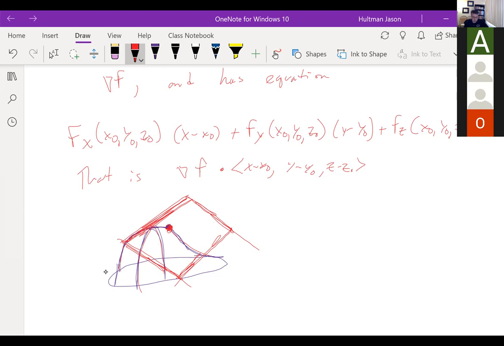We're saying that the tangent plane is normal to del F. So this is del F, the normal to the tangent plane.